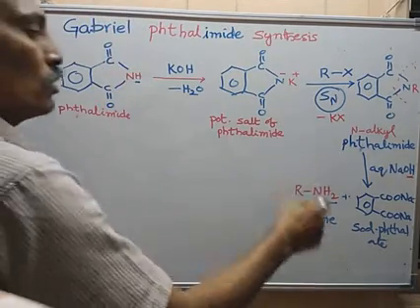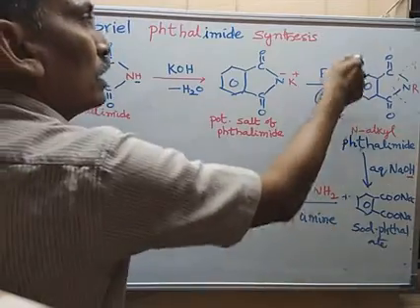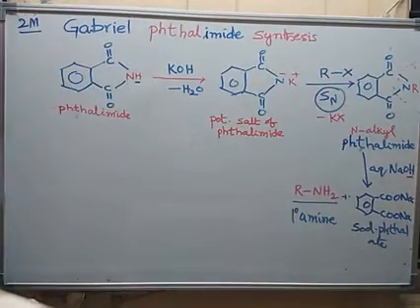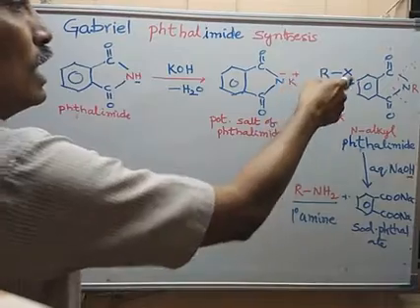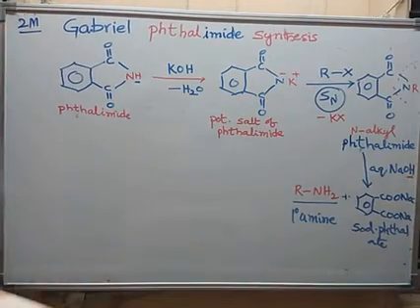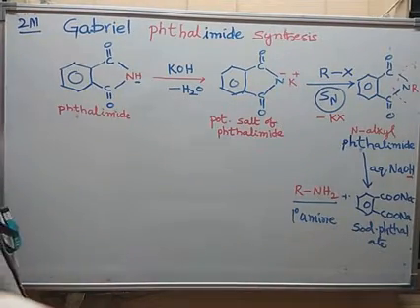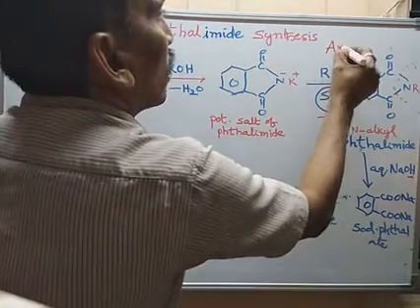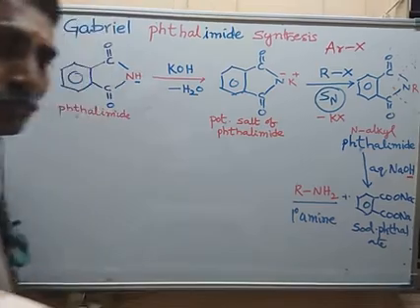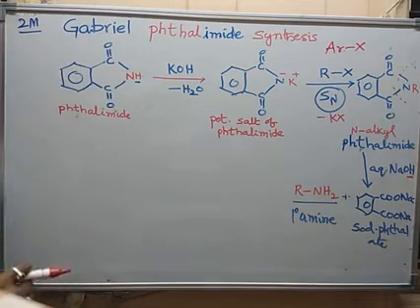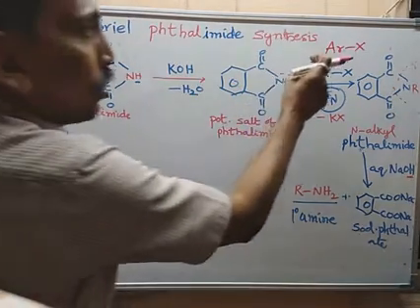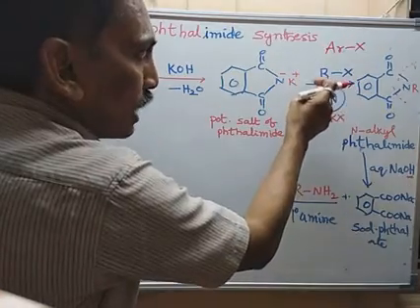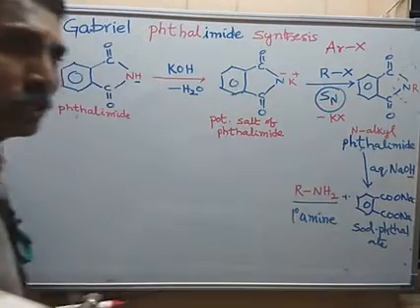Why? Because if you want aromatic primary amine, the step you have to concentrate on is the alkyl halide. In the place of this compound, what you have to add is ArX. Suppose you add ArX, already you studied in haloalkanes and haloarenes that haloarenes are less reactive than haloalkanes in nucleophilic substitution.